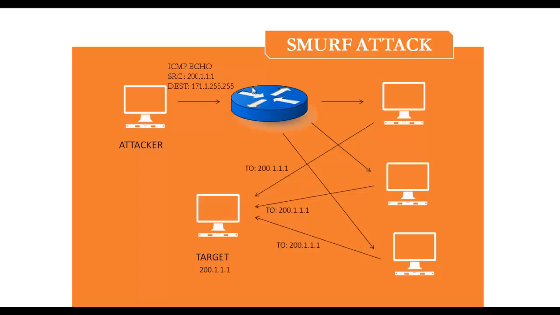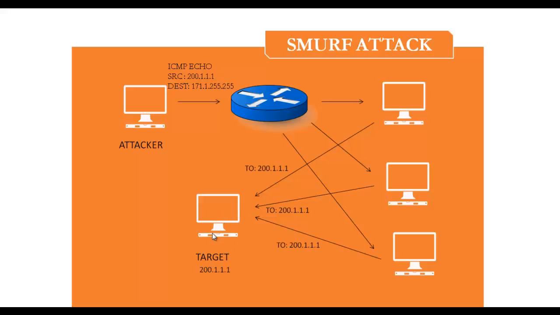This is a router which is configured to relay ICMP to all devices behind this router. The attacker spoofs the source of the ICMP request to be the IP address of the intended victim. In our case, the source IP address is spoofed with 200.1.1.1, which is actually the victim's IP address.